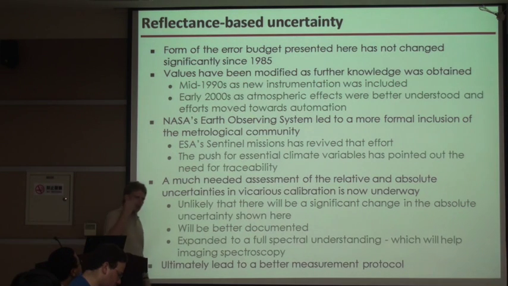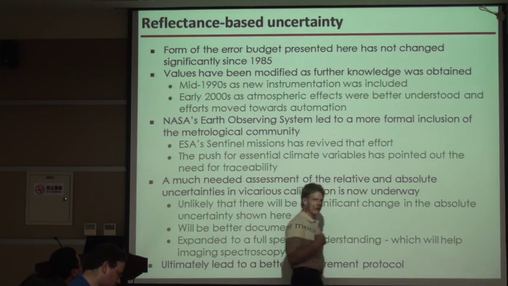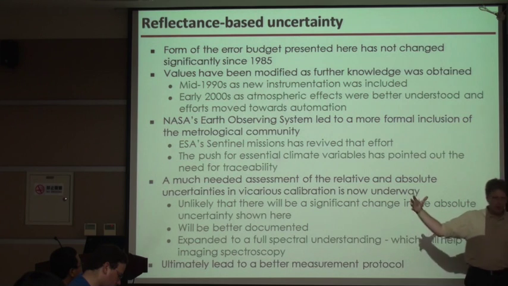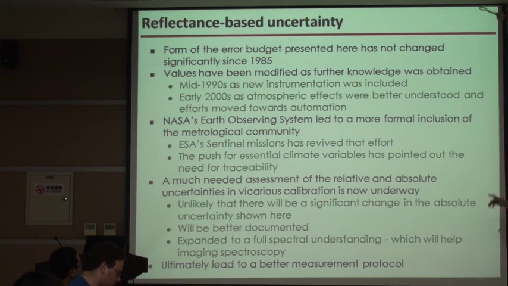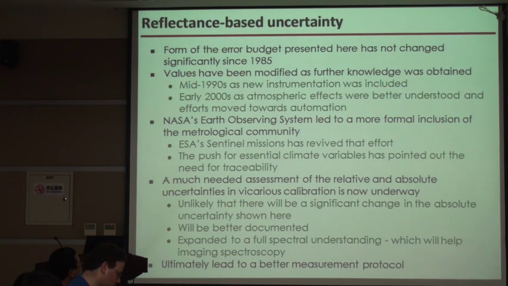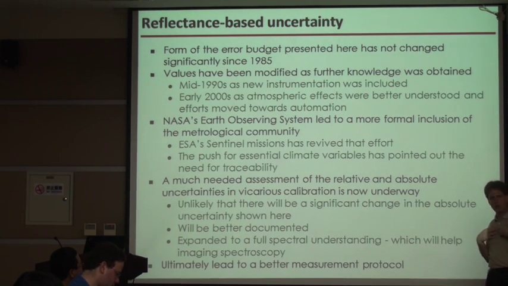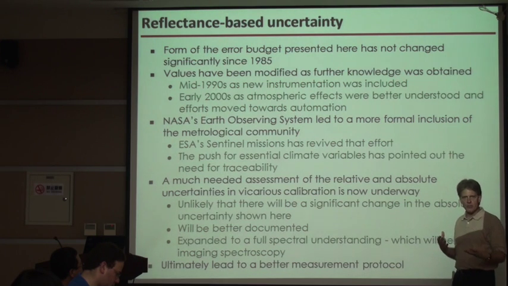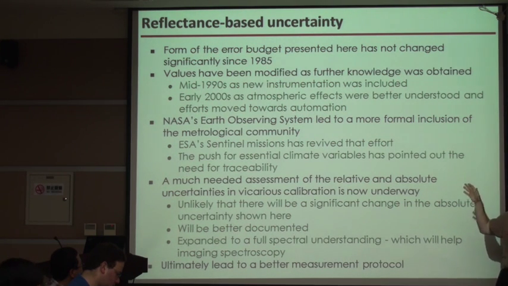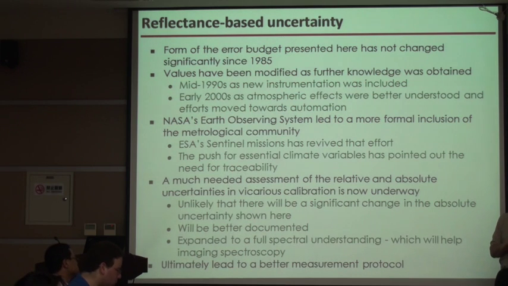So a little bit of history: those things I just showed you, and that big table that we've been going through a couple of times, the first one was put together in 1985. My list, as I go forward, is going to change. I have those blue boxes that I showed at the very beginning, which is what I'm starting to do to create a new error budget, because the error budget created by the original remote sensing group at Arizona was not done by atmospheric scientists or surface people.